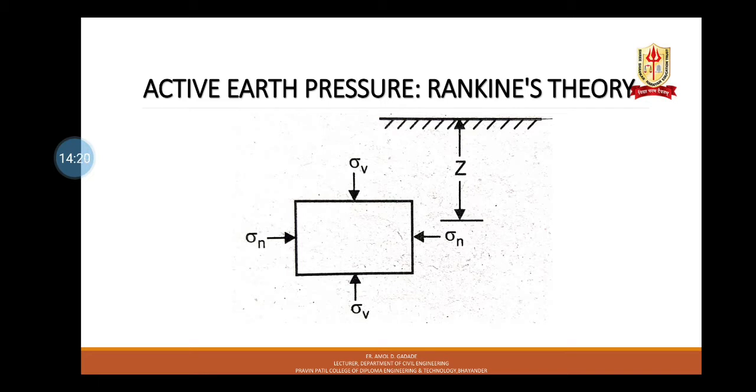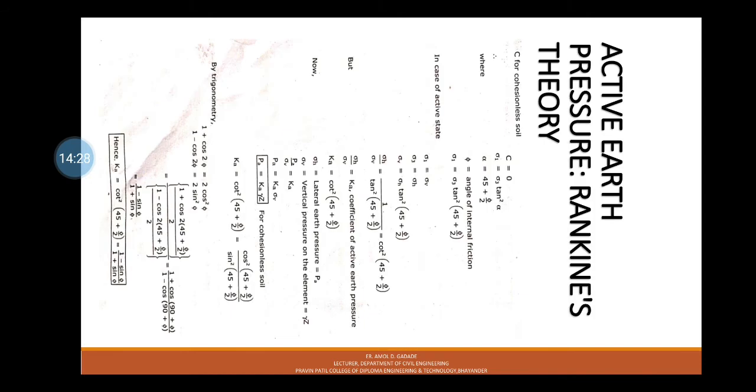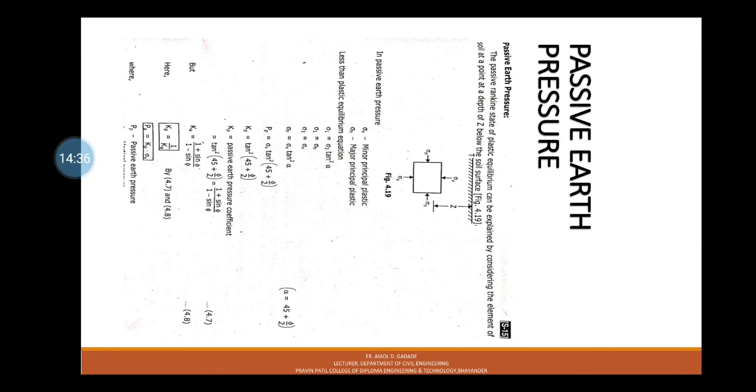From the plastic equilibrium equation we get rho 1 equals rho 3 tan square alpha plus 2c tan alpha. So here is its equation. I have written the equation here.